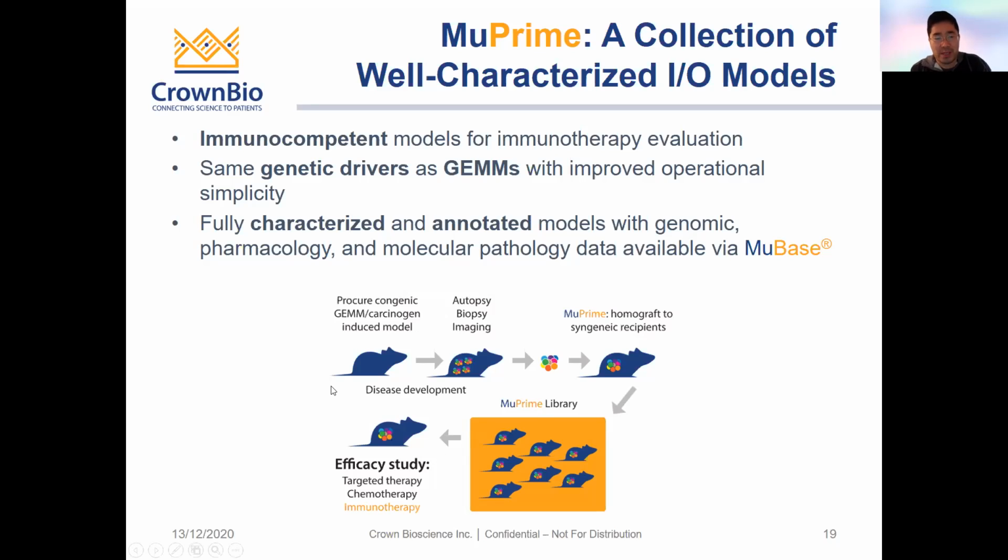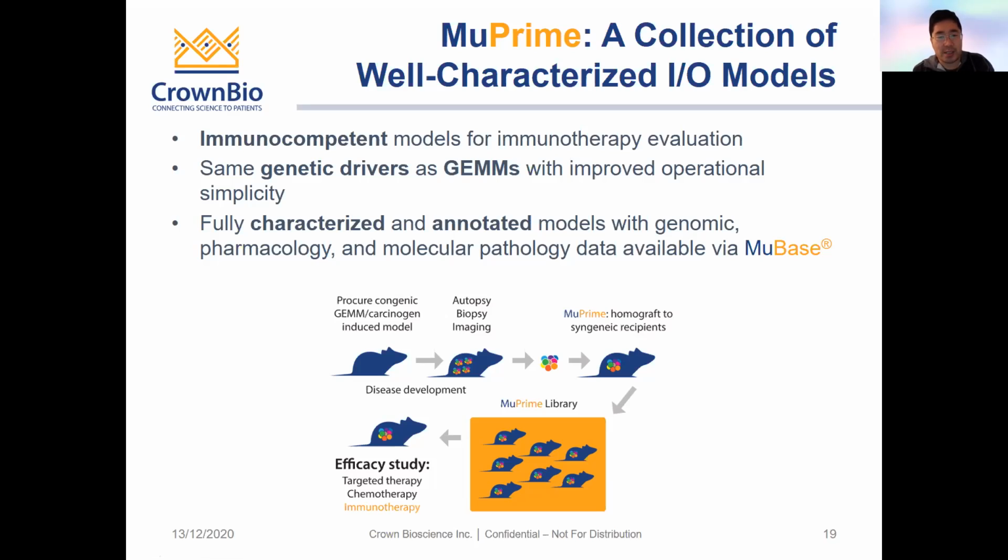So MuPrime is what we would like to call the happy medium between the syngeneic models and GEM models. They are tumors taken from GEM mice and preserved in mice. They still maintain the same genetic driver as GEM, but operationally, they are extremely easy to use, similar to cell lines.